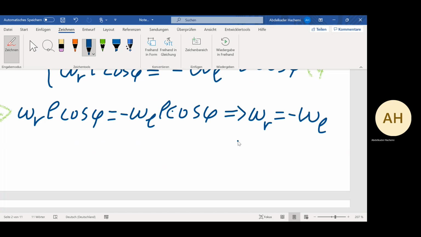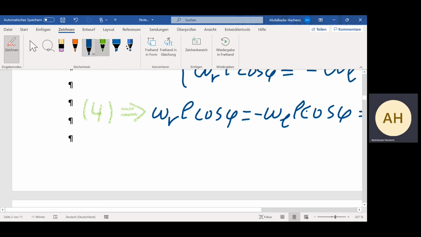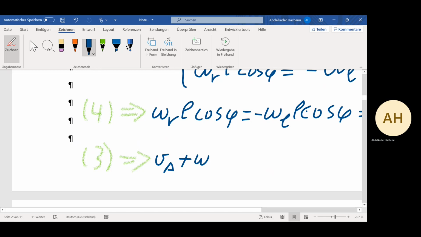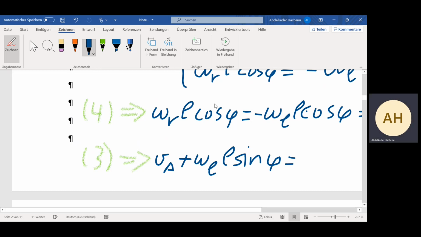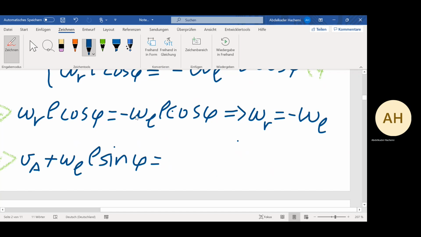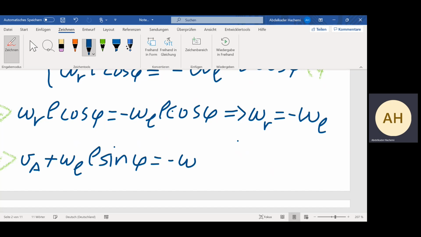Now if we take the third equation, then we have VA plus omega L L sine phi equal to minus omega L, if I replace omega R by minus omega L, then we have L sine phi.